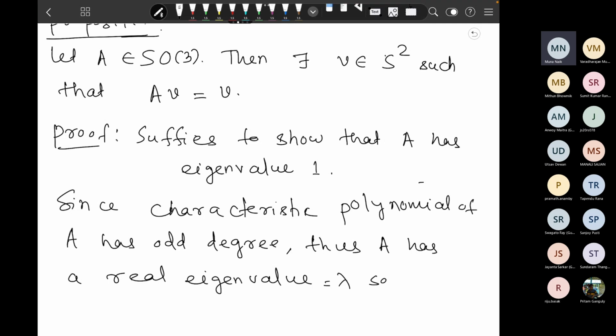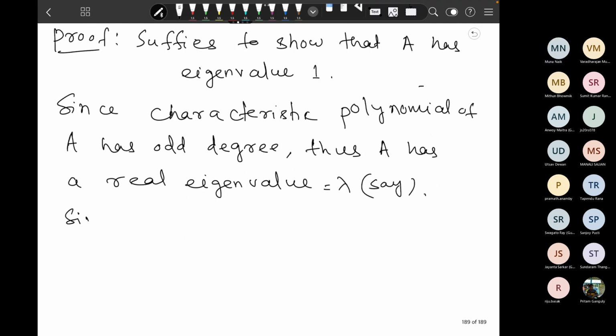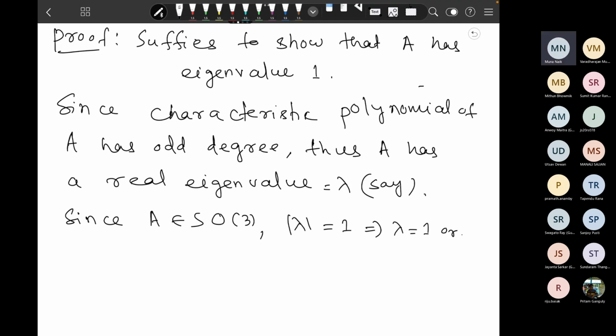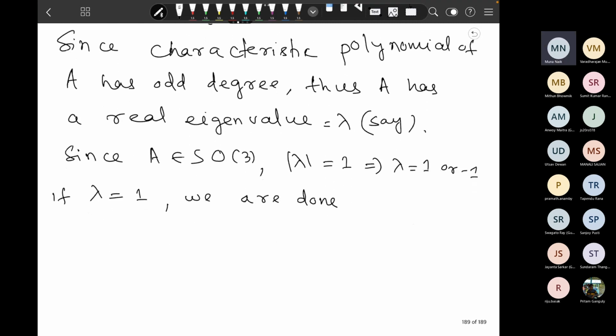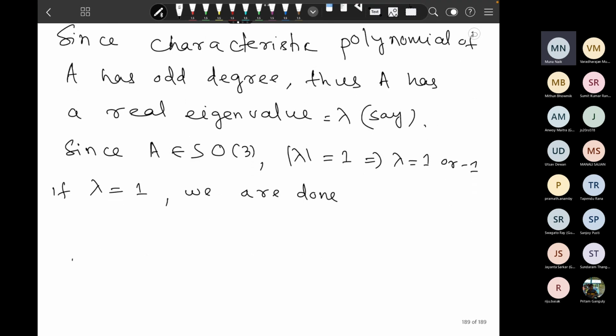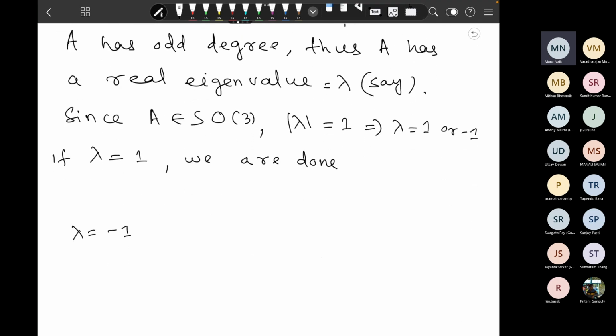Since A belongs to SO(3), the modulus of lambda is equal to 1, and lambda is real, so lambda is 1 or minus 1. If lambda is equal to 1, we are done, because we wanted to prove that 1 is an eigenvalue of A. If lambda is equal to minus 1, then we have two cases.